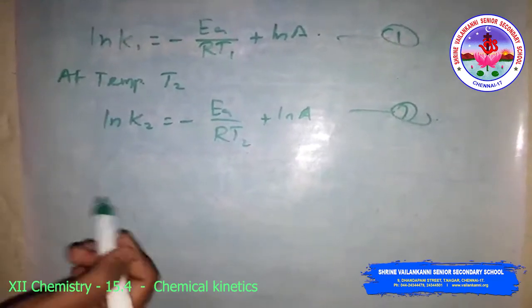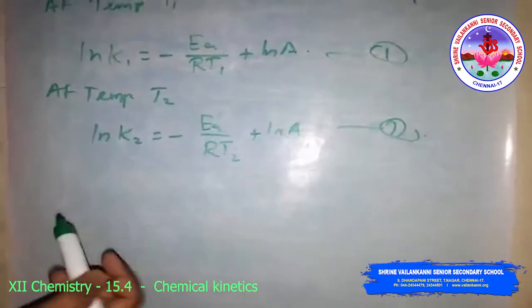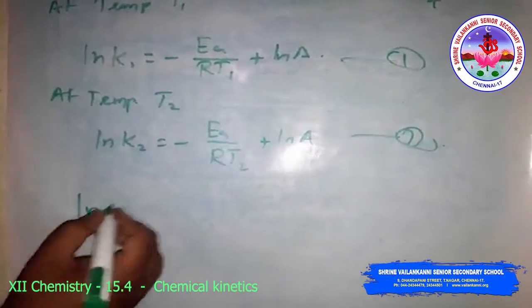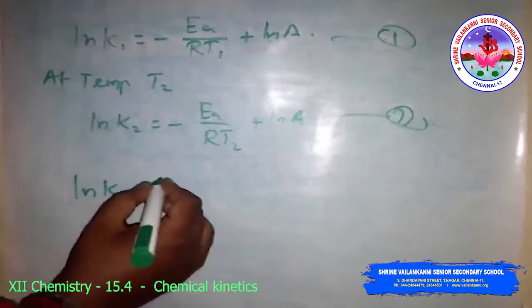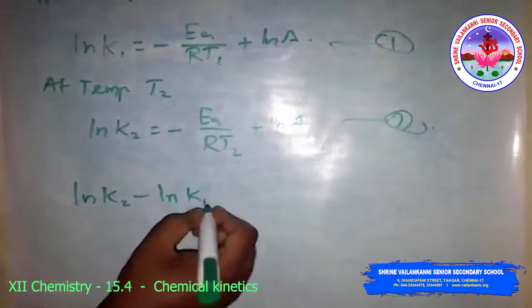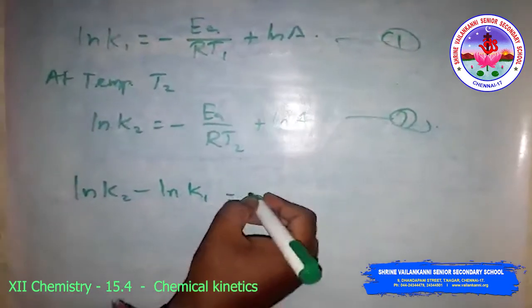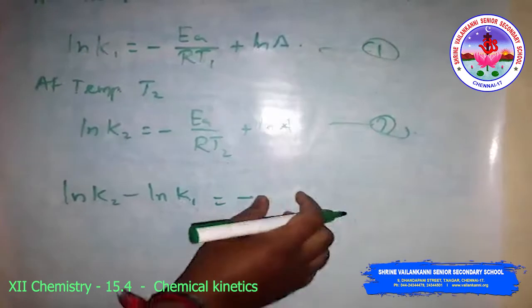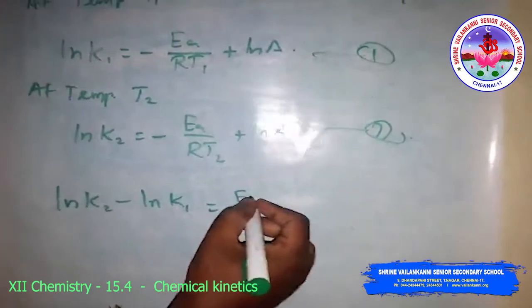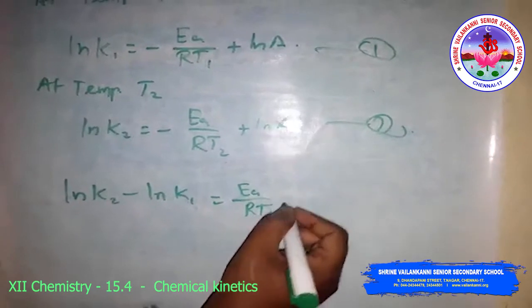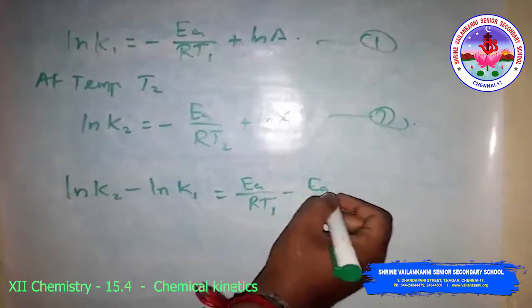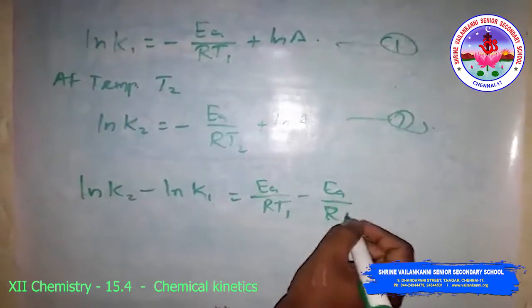Subtracting the two equations, you get ln K2 minus ln K1 is equal to minus Ea by RT1 minus Ea by RT2.